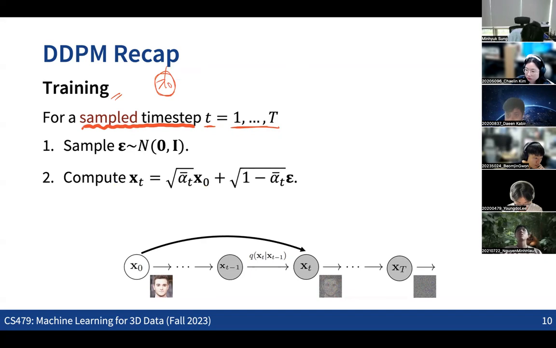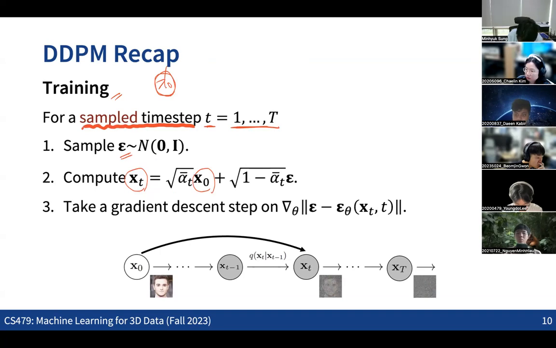And then we also sample the unit Gaussian noise, and we jump from the x0 to the arbitrary xt, and then we check whether we can recover the noise that we added from the xt information. So we feed this xt information with the time step t into our noise predictor, and see whether we can predict the noise that we added to make the xt from the x0.